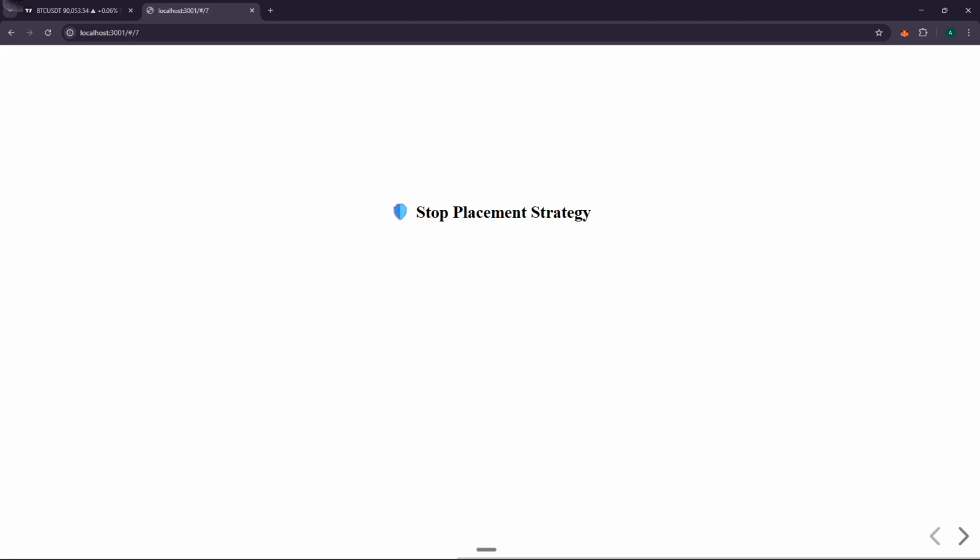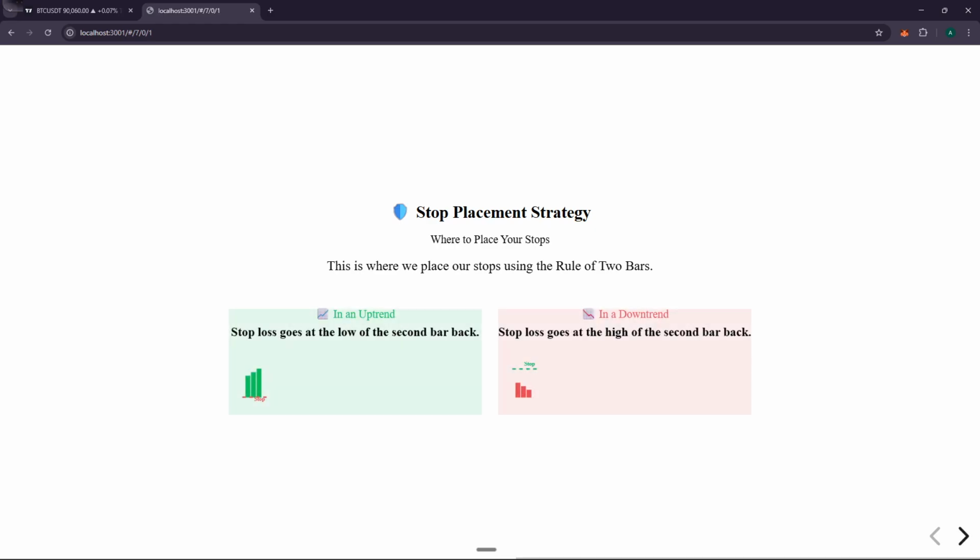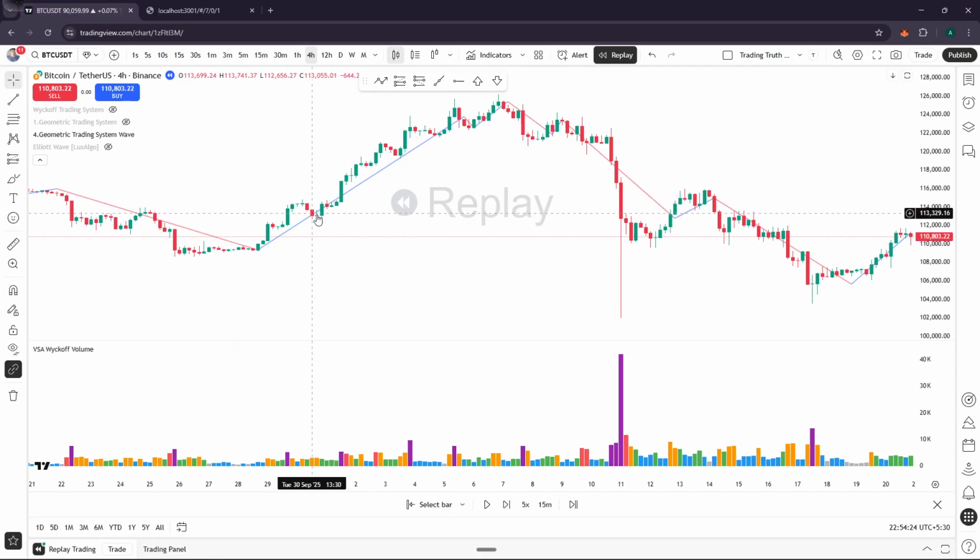And this is where we place our stops as well. So in an uptrend, your stop loss goes at the low of the second bar back. In a downtrend, it goes at the high of the second bar. So if I had entered a long trade here, I will put my stop loss at the low of this two bar back.